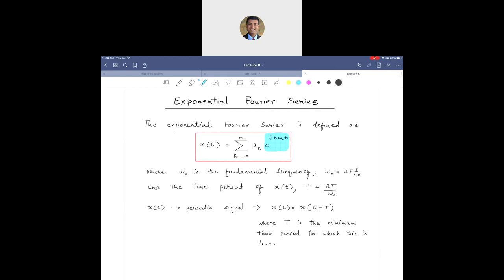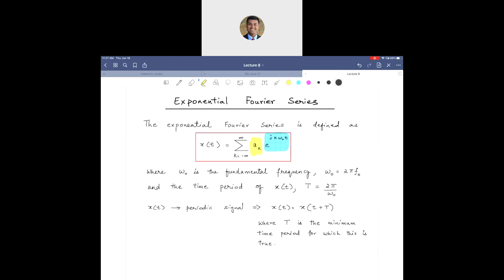And you are multiplying each of those complex exponentials with a sub k. A sub k is similar to the Cn that we just looked at, the coefficients or the projections for each of those signals in the orthogonal set.